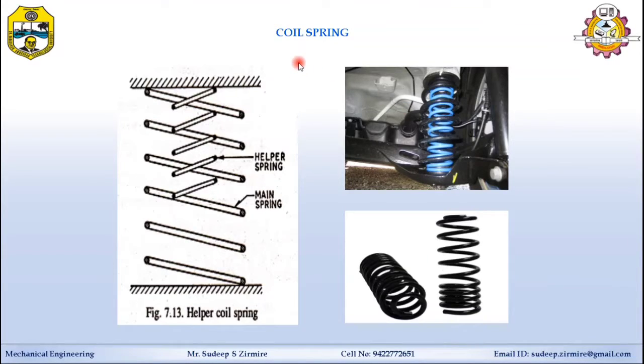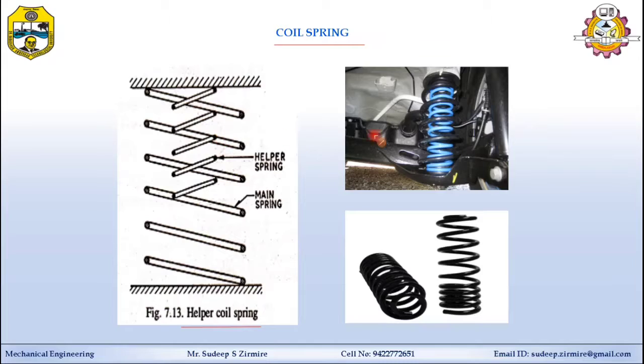This is the type of steel spring, the coil spring. You already know about this; it is the basic type of coil spring. In this figure you can see the helper coil spring. There is a small spring inside the main spring. This is called the helper spring.